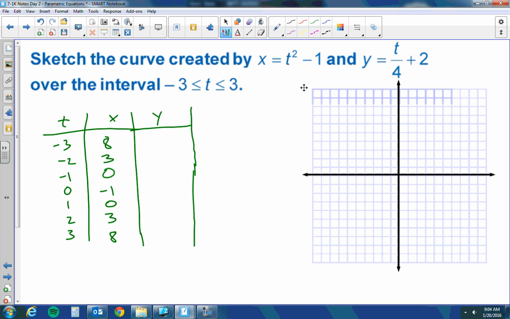Now, this seems kind of weird. If I plug in -3, I get -3/4 here. 2 minus 3/4 is 1 1/4. And it just is. I plug in -2, I get -1/2. 2/4 is a half. 2 minus a half is 1 1/2.